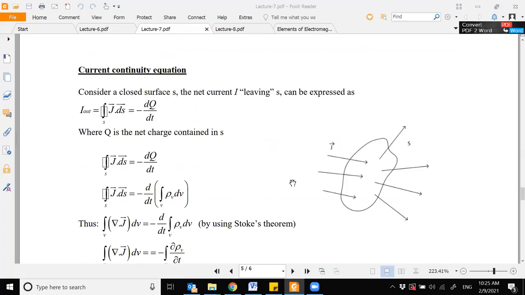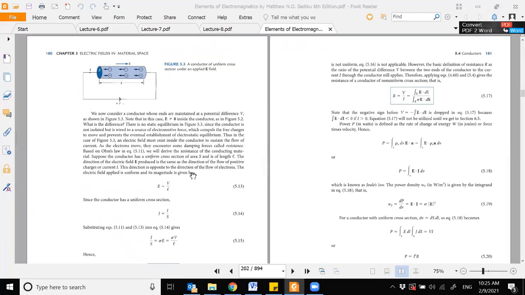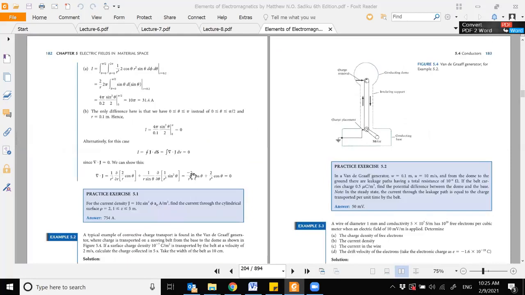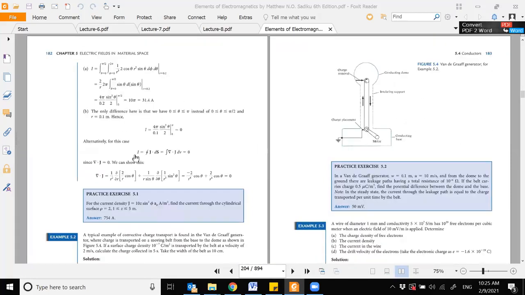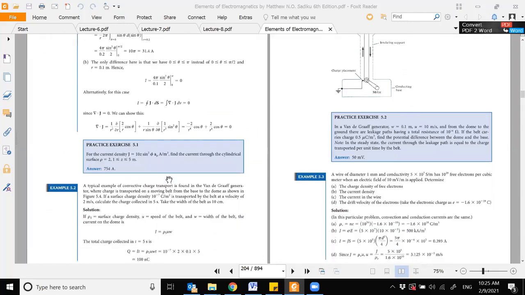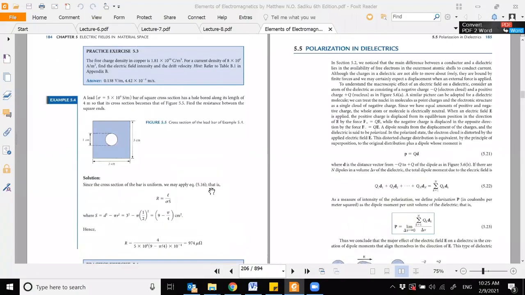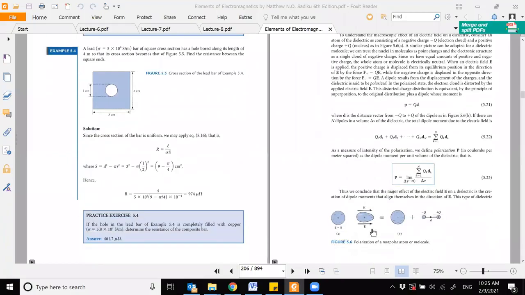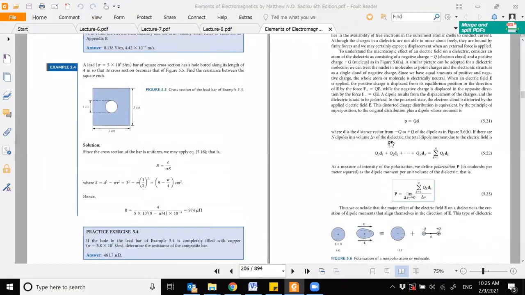Now, there is one more small topic. So if you see in the textbook, after the Ohm's law, there are some examples on the Ohm's law. Please have a look at that. And then here also another example, have a look at that. The dielectrics, we discussed about this dielectrics, but this section is not covered.